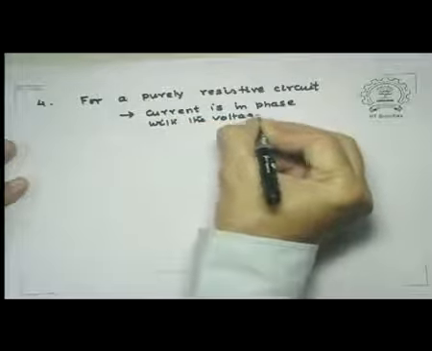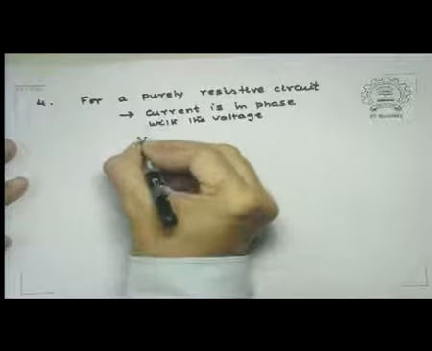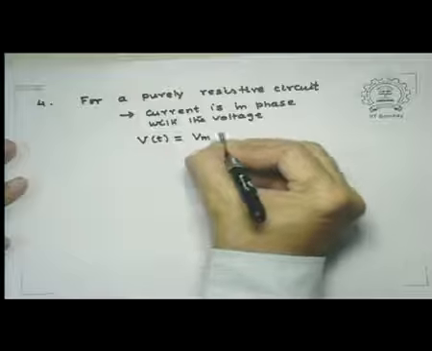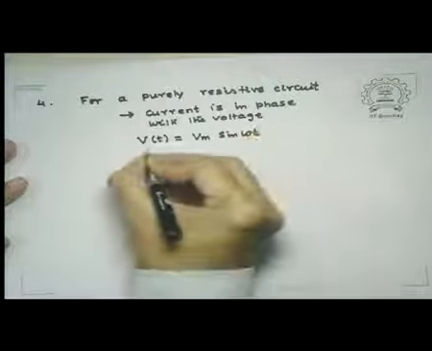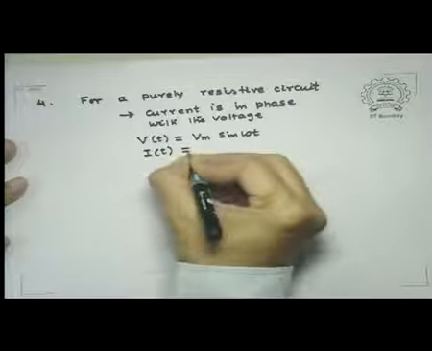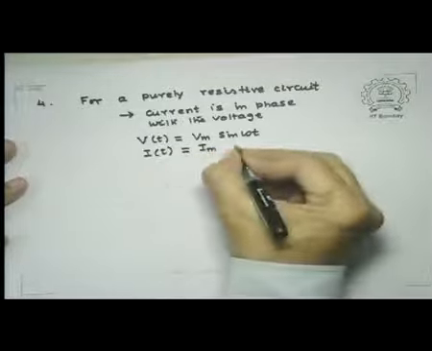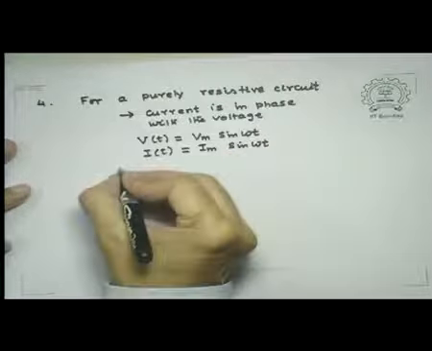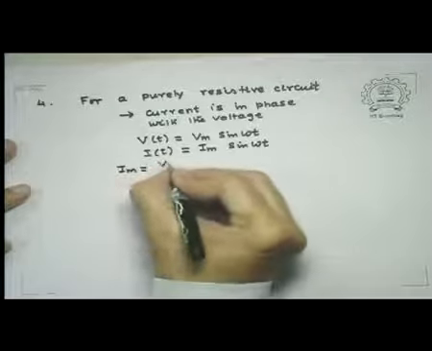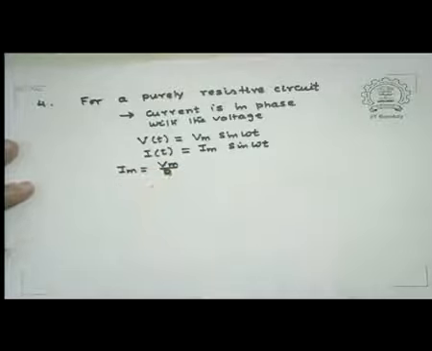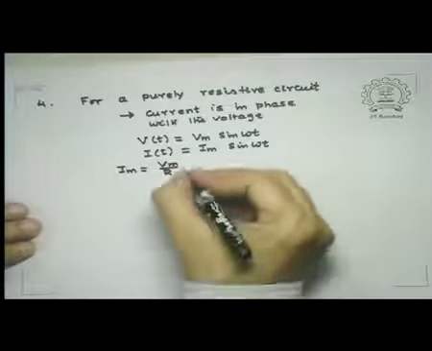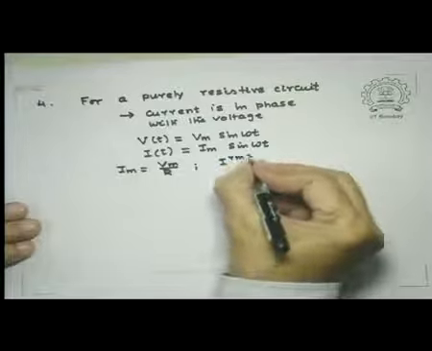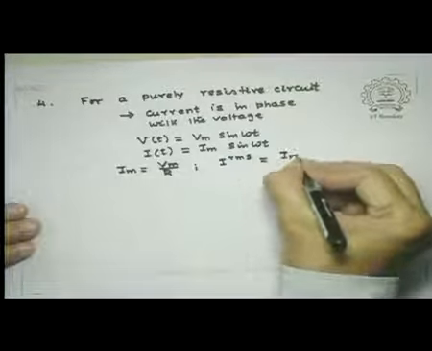What it means is that if my instantaneous voltage through the resistor is given by Vm sin omega t, then the instantaneous current is given by Im sin omega t, where this Im is equal to Vm by R, the usual Ohm's law expression. And we also defined what is meant by an RMS current by saying that I RMS is I maximum by square root of 2.